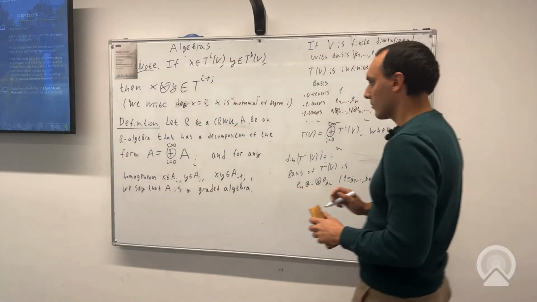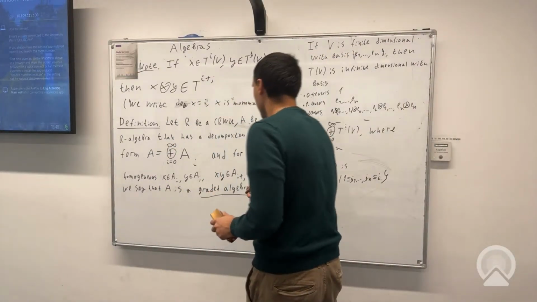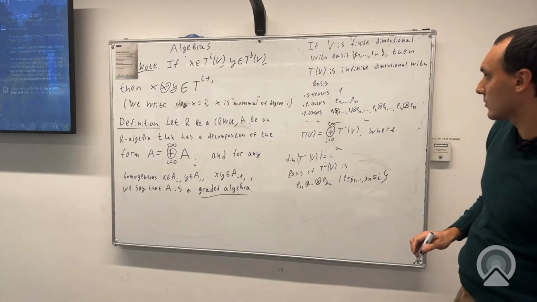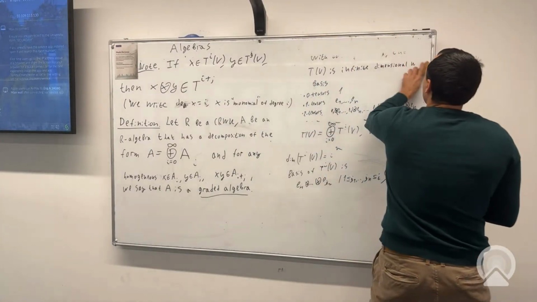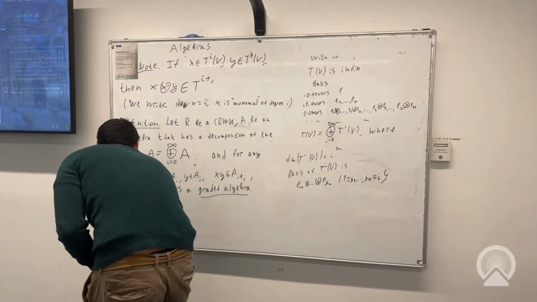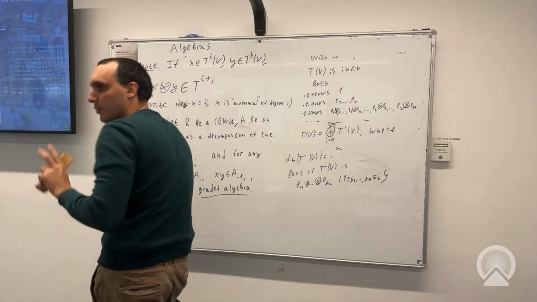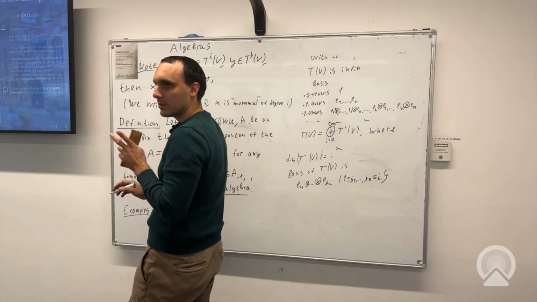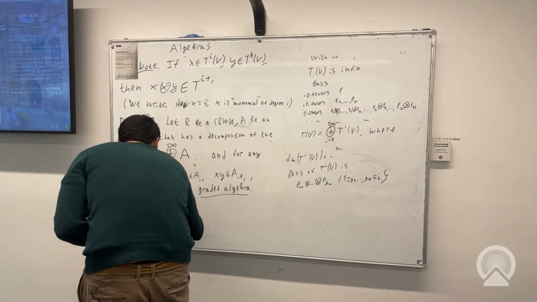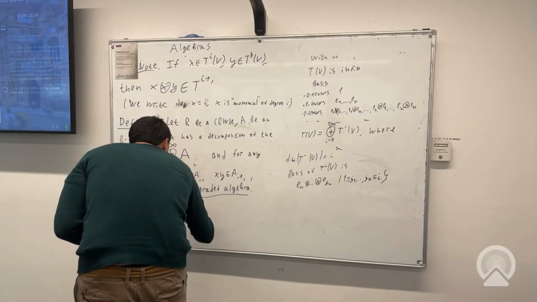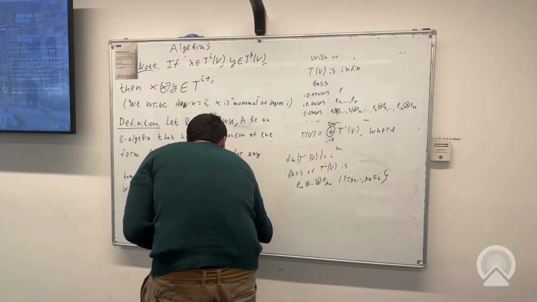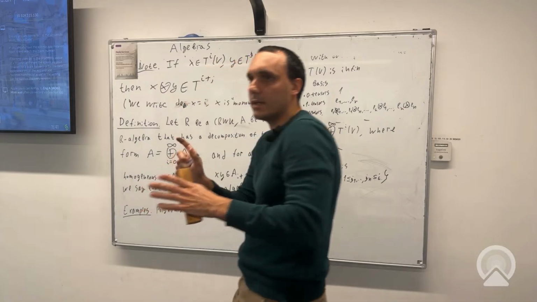Okay. So examples, let's just write this. For now we have two examples, polynomial and tensor algebras. And they are graded by the degree of their objects.